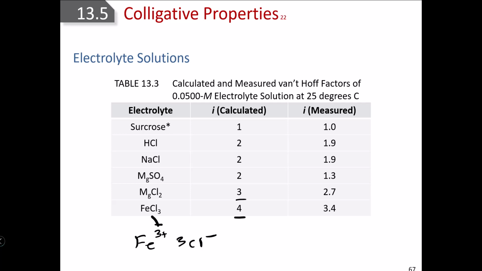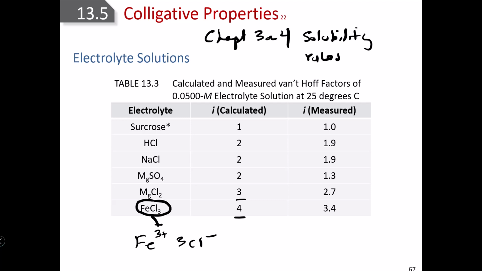So when this dissolves in water, and it should, and you go, how am I supposed to know that dissolves in water? Well, that's why you need to go back to chapter 3 or 4 and look at the solubility rules. So if it's been a while since you've looked at the solubility rules or you didn't memorize those, that comes into play here. So when you look at these substances, they do dissolve in water.